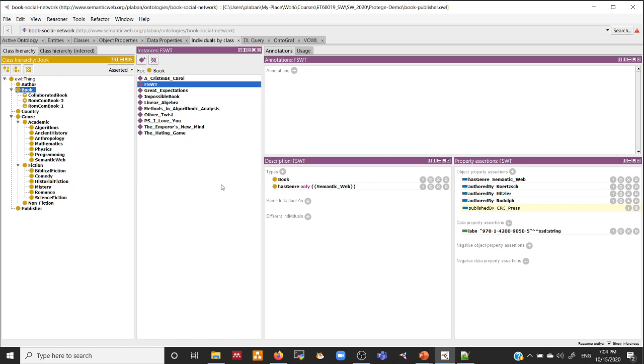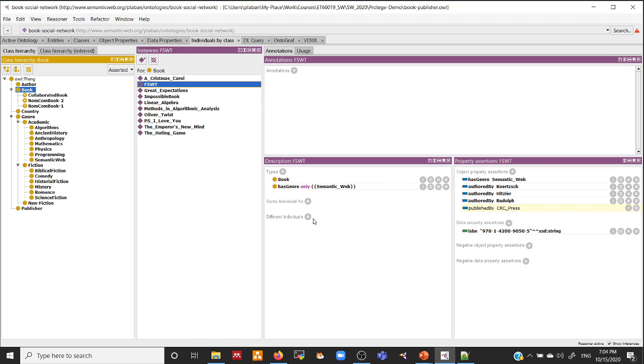In that world, one individual can have many names, so the unique name assumption is violated. By default, as one individual can have many names, if you don't say explicitly that two individuals or URIs are different, they will be treated as the same.